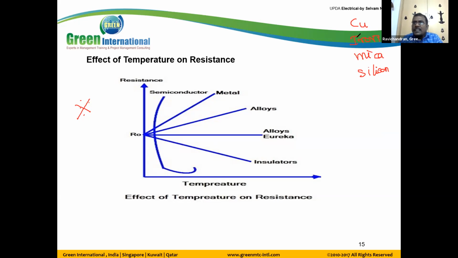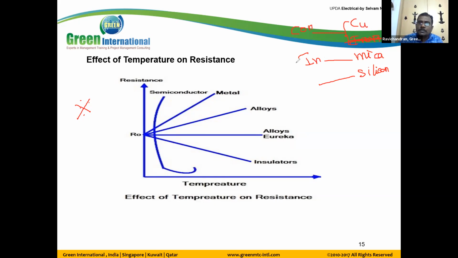We can say which one is an insulator, which is a semiconductor, and which are metals, more specifically conductors. Copper is a conductor. Forget about the iron. So copper is a conductor. We can directly say it is a conductor, an insulator, or a semiconductor. Mica is an insulator, and copper is a conductor.